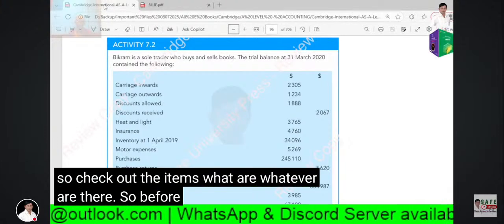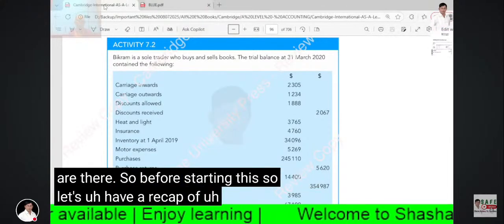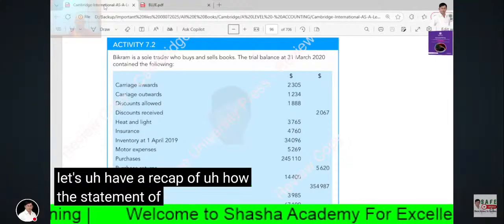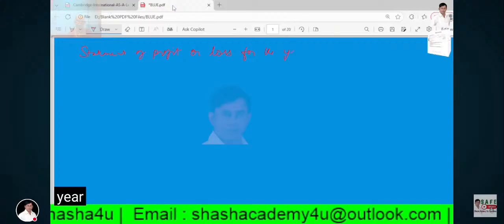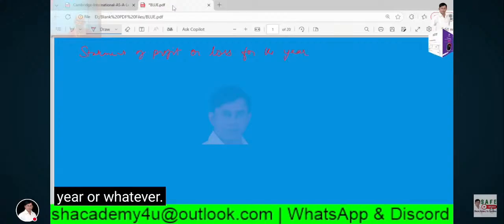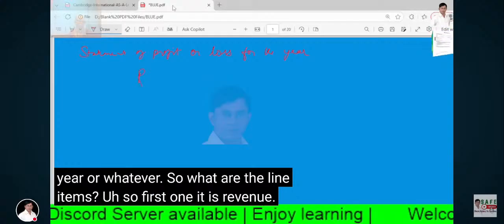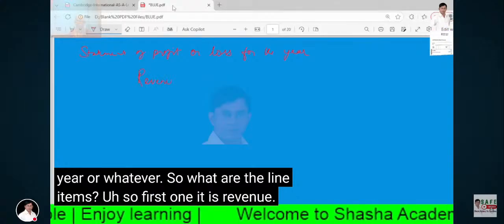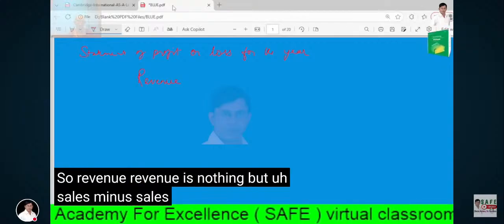Before starting this, let's have a recap of how the statement of profit or loss is prepared. So what are the line items? First one is revenue. Revenue is nothing but sales minus sales returns.